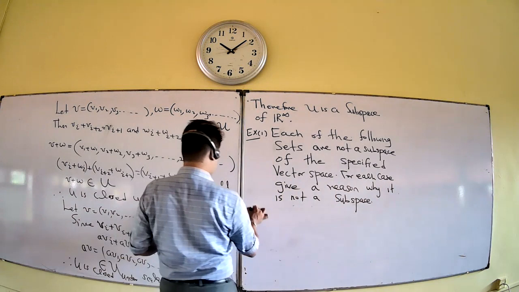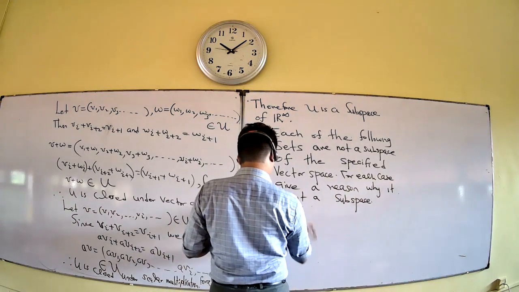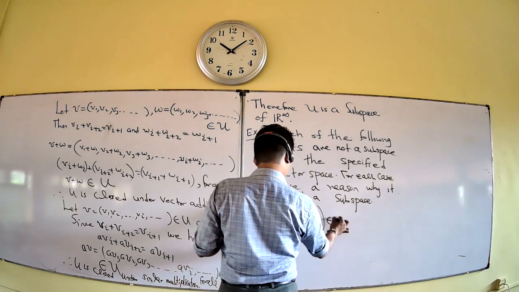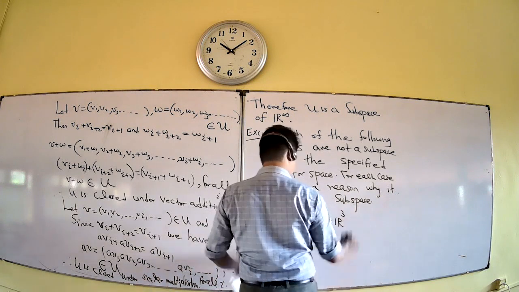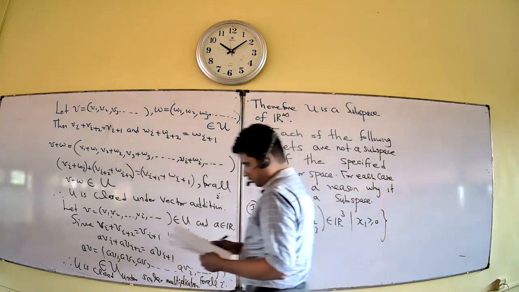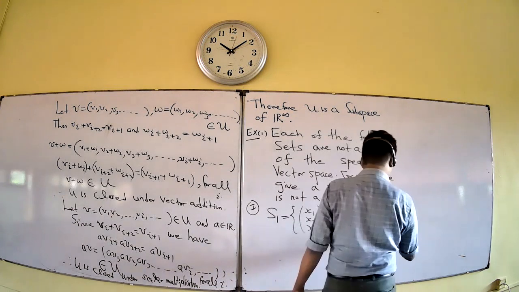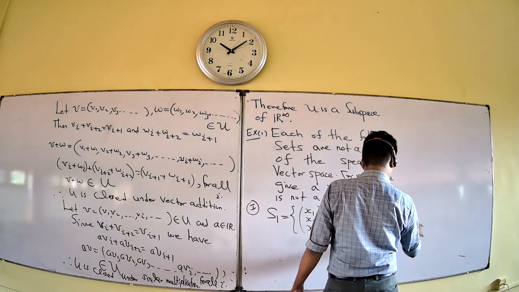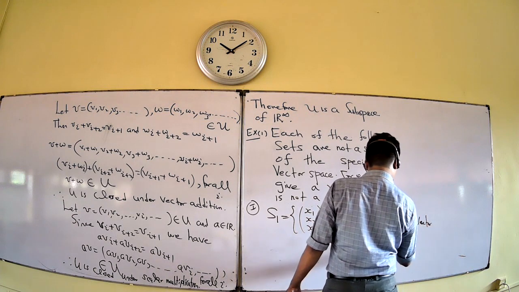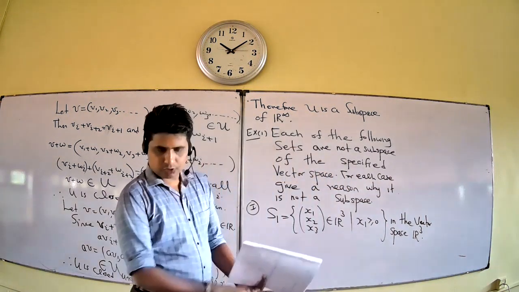The first set S1 is in the vector space R cube.